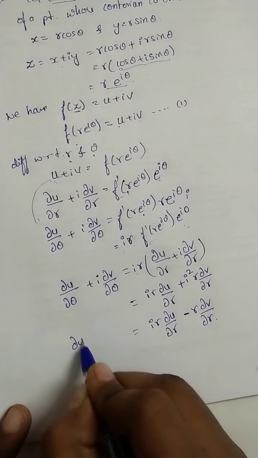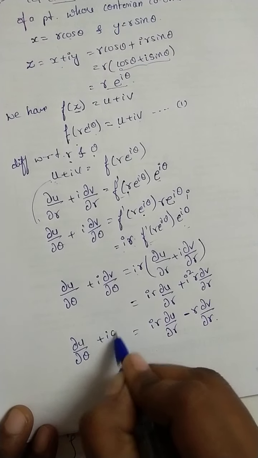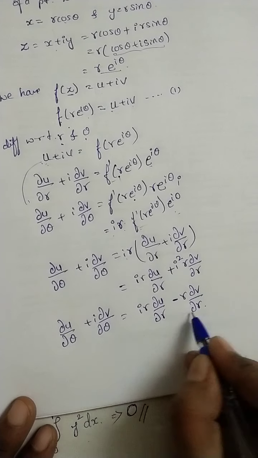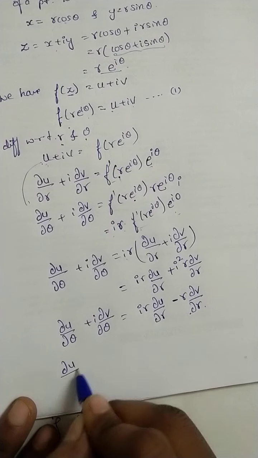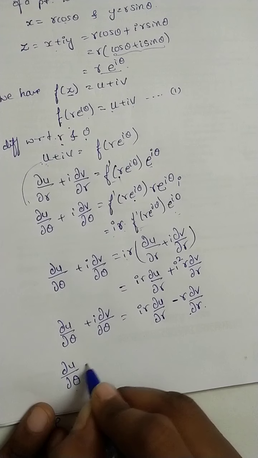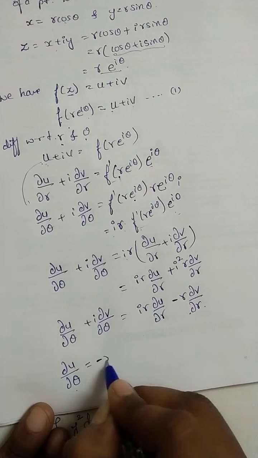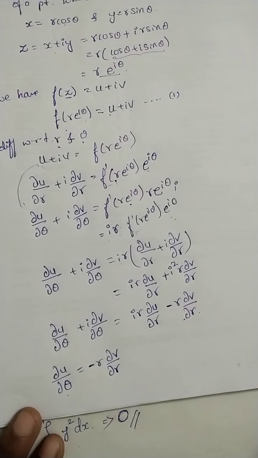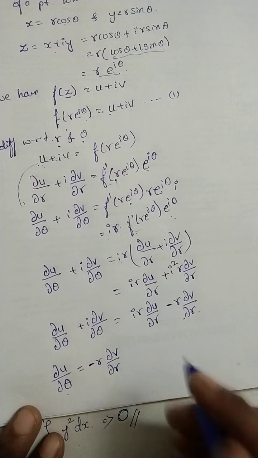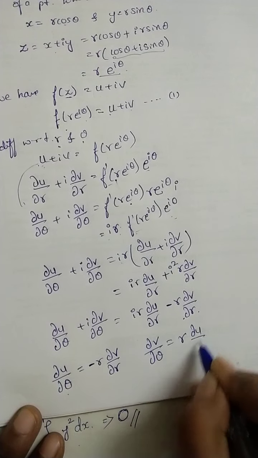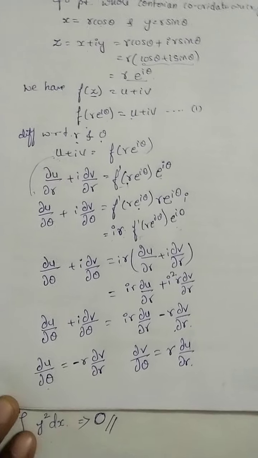Now we have to separate the real part and the imaginary part. The real part: ∂u/∂θ equals minus r times ∂v/∂r. The imaginary part: ∂v/∂θ equals r times ∂u/∂r. This is our consideration.